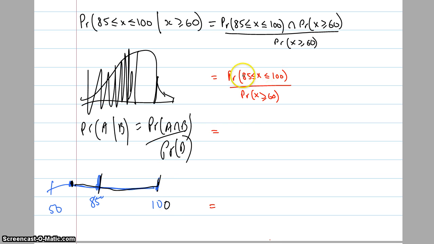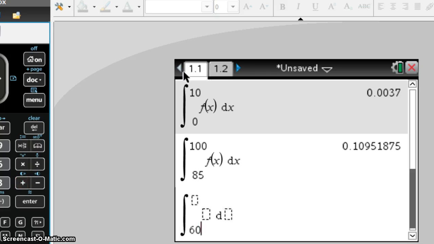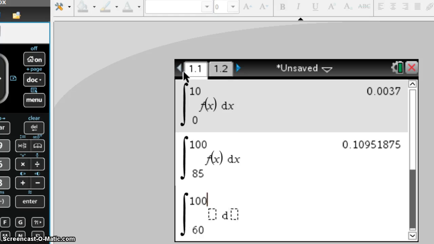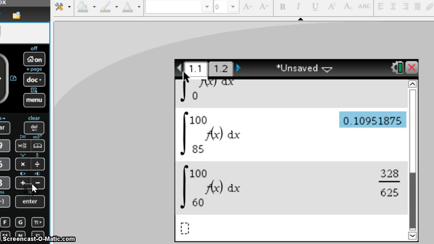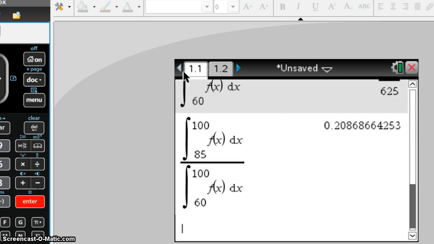Okay, so it's the probability of x between 85 and 100 divided by the probability that x is greater than 60. Now I've already done x between 85 and 100, and now I just need to do this one between 60 and 100. I'll find out what that is, and then I need to divide this answer by this answer, and hopefully I get a nice answer of 0.2087.